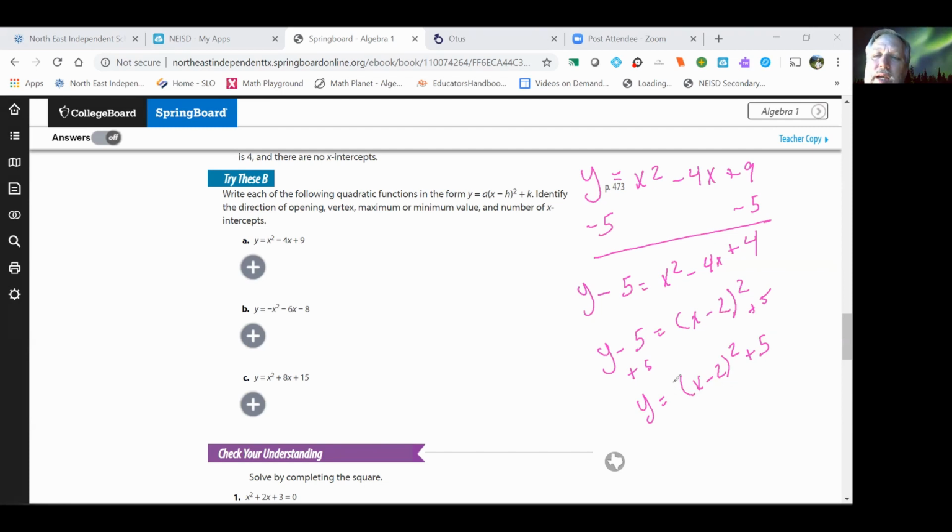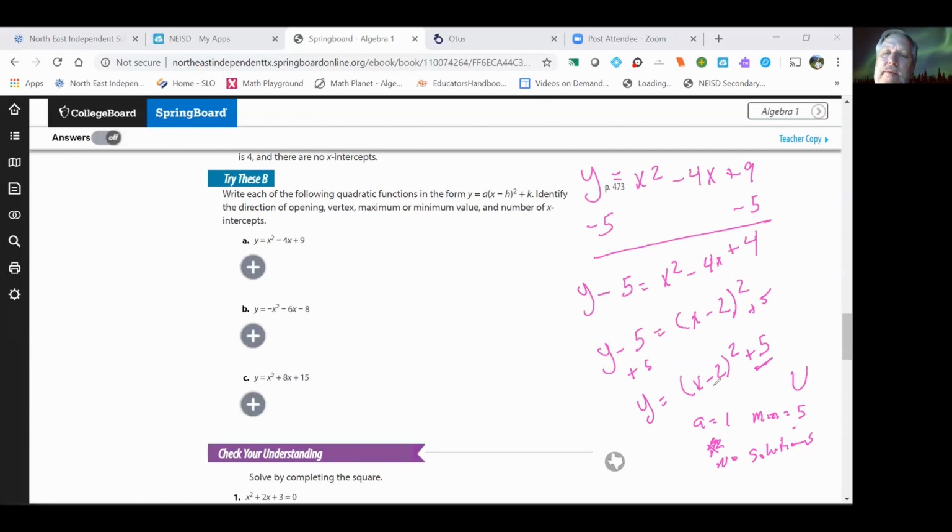First of all, because the a value is positive, a is equal to positive 1, it's going to be an upward opening or a happy flower. So therefore it has a minimum, and the minimum value is 5. Because the minimum is positive, it'll never cross the x-axis, so therefore there are no solutions. Or no x-intercepts.